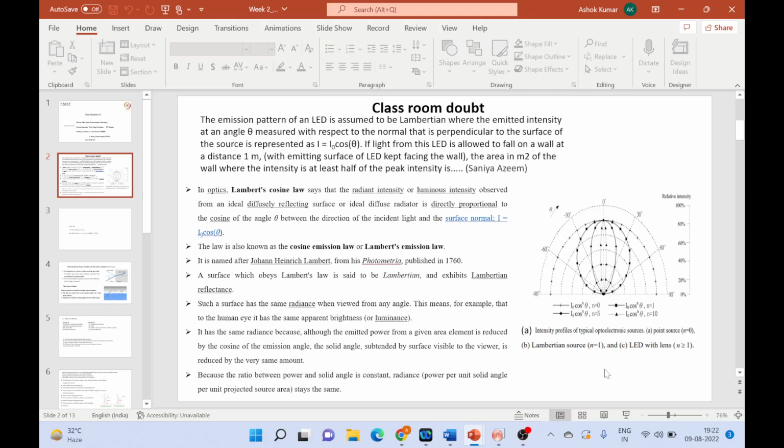Communication grade lasers will cost you above 1 lakh. LEDs are very cheap because they are mass produced, and LED will operate under the principle of continuous emission, and these are basically the topics we have covered this week.